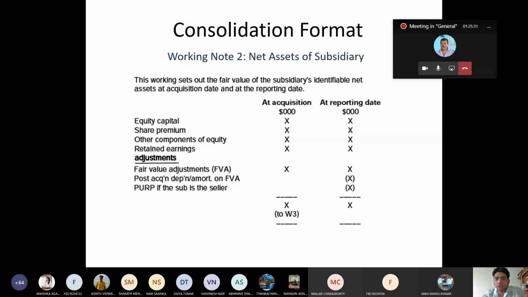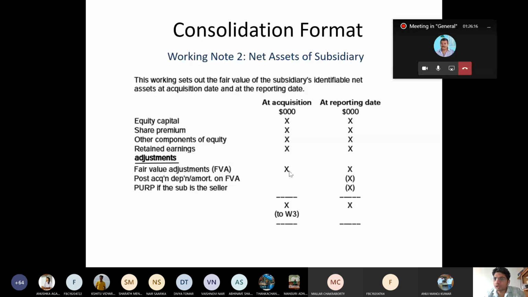It is equity plus reserves plus fair value adjustment. Equity plus reserves means what all comes in it: equity capital on date of acquisition, plus share premium on the date of acquisition, plus other components of equity on the date of acquisition. That means other reserves and surplus, general reserve, and retained earnings also come in. So the first four will be equity plus reserves. What has to be adjusted in it? Fair value adjustment will be adjusted.